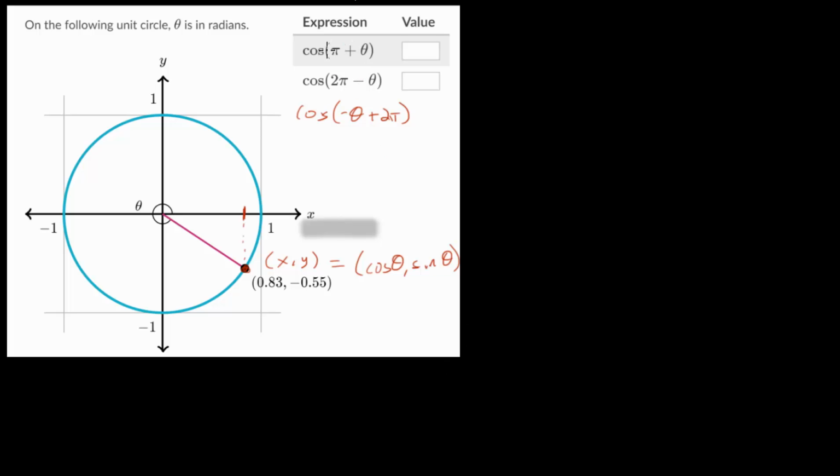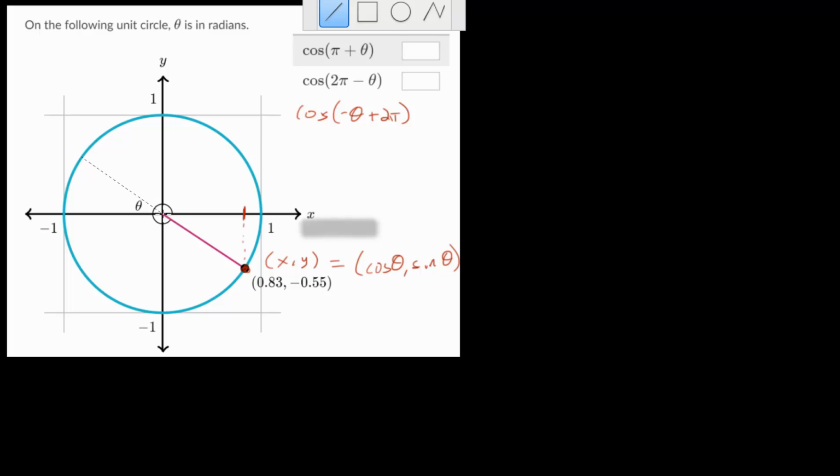And for this first one, we are looking at the cosine of pi plus theta. And we can take our angle and then add pi radians to that. And if we add pi radians, that will take us 180 degrees, bringing us roughly over here. And we can draw in a ray going from the origin to a point on the unit circle.